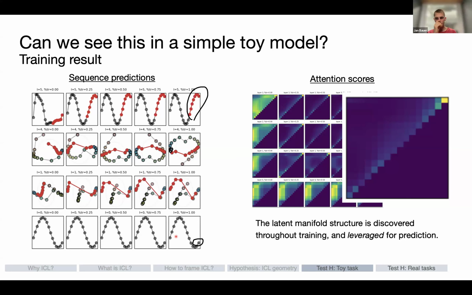And then you get these interesting rectangular patterns along the left and bottom edges of your matrix of attention scores. Can you say a little bit more about that? It wasn't clear to me how we could take this as evidence for anything.